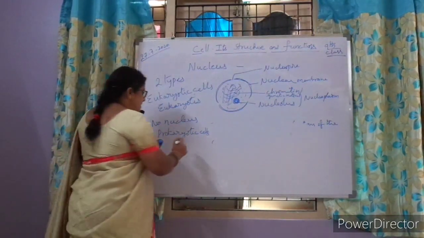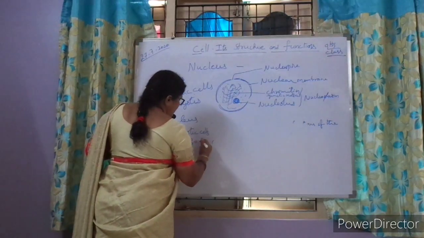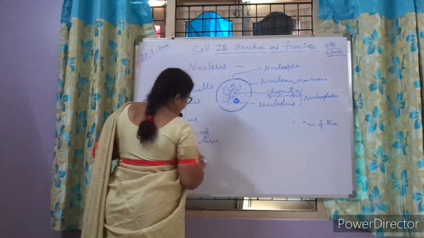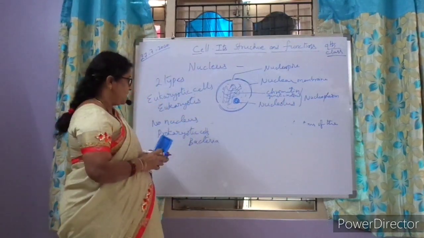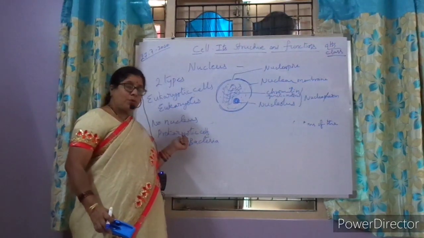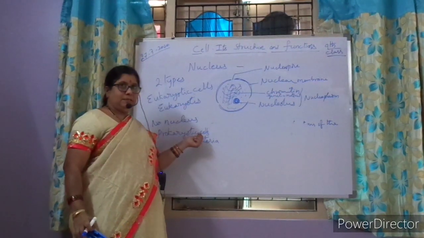Example, bacteria. Which bacteria? You can take cyanobacteria or lactobacillus bacteria. They do not have a nucleus, so they are called prokaryotic cells.